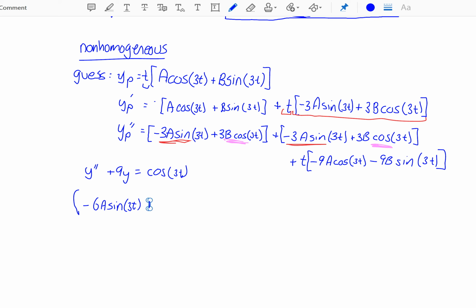So plus 6b cosine 3t plus t times negative 9a cosine 3t minus 9b sine of 3t. So this is all y double prime here.